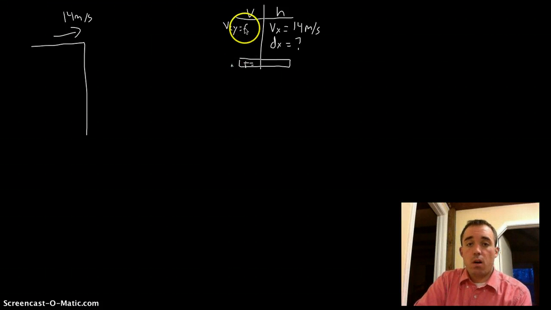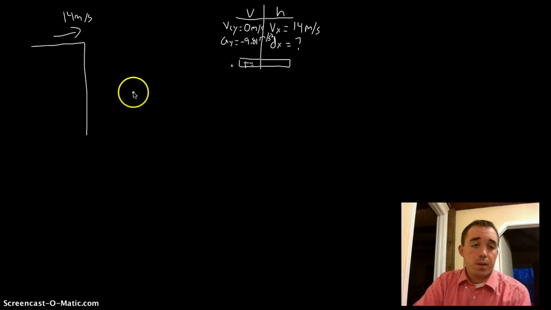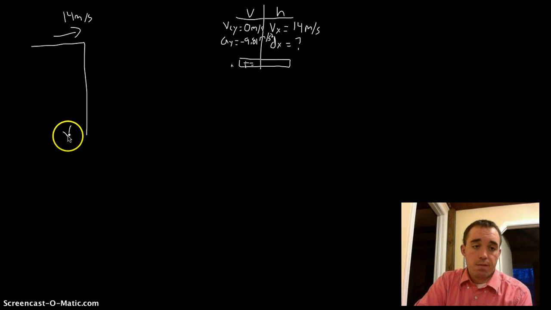VIY is always 0. That doesn't change. AY is always negative 9.81 meters per second squared. I just didn't put enough space for the units. And the other thing we know is the height of the cliff, because it says in the problem that it's 23 meters.